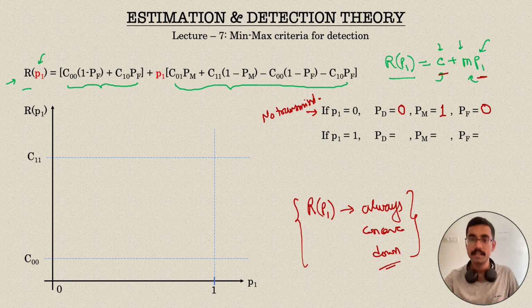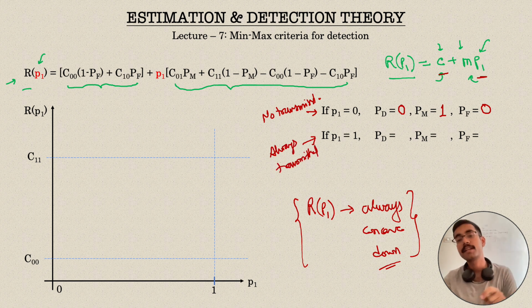So this is an ideal scenario that I assume for this specific purpose. And for example, if I take P1 to be 1, that means the signal is always transmitted. This prior information I have, this is always transmitted. If that is the case, then probability of detection ideally would be 1 because we would always be detecting it.